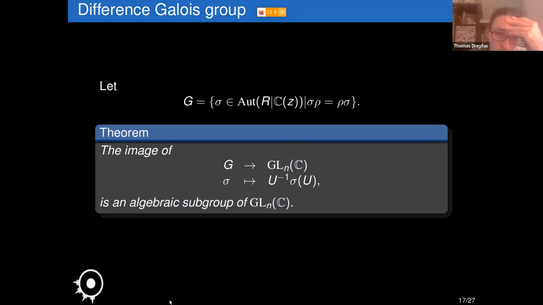So you have sigma of U, U inverse times sigma of U. And the totally non-trivial fact is that this image is an algebraic subgroup of Gn of C. In fact, this group encodes the algebraic relations among the entries of U. The bigger this group is, the fewer relations you have.